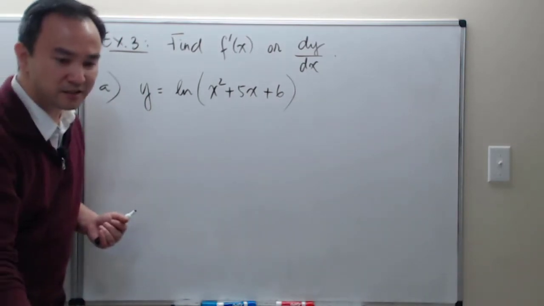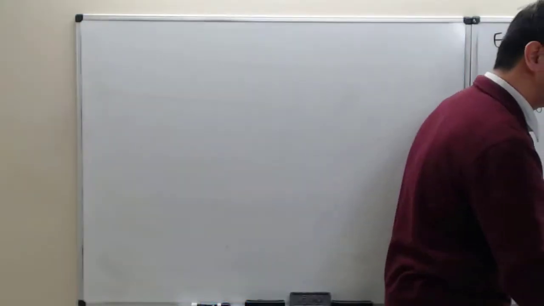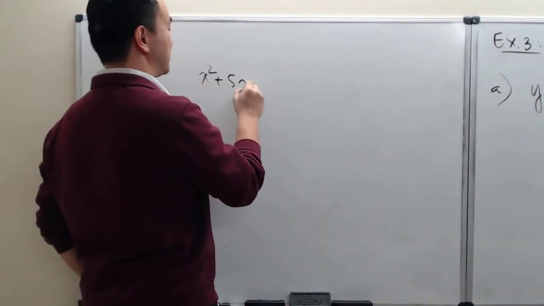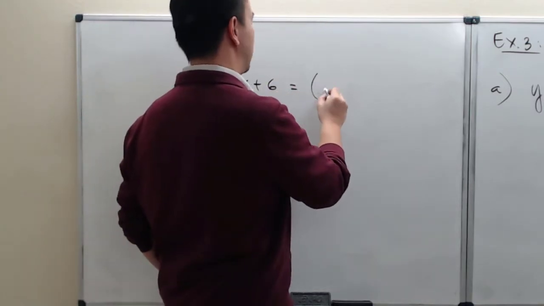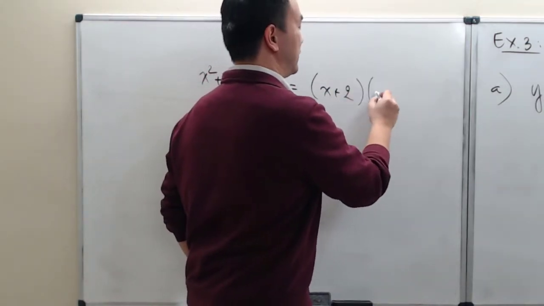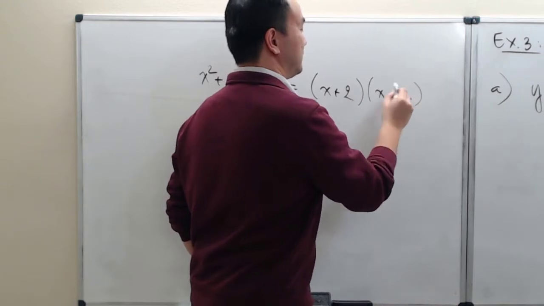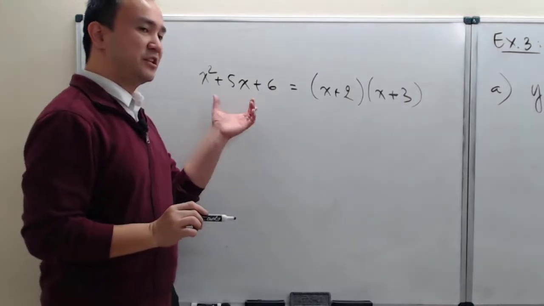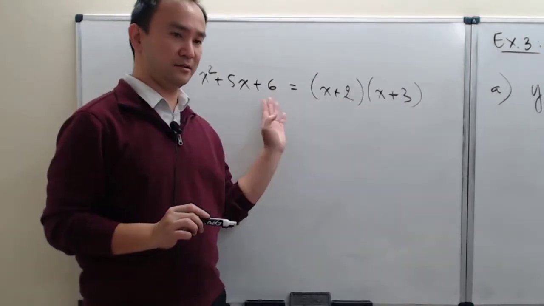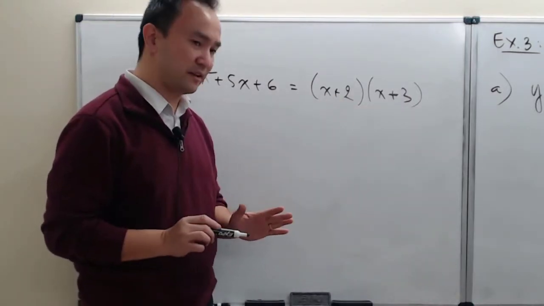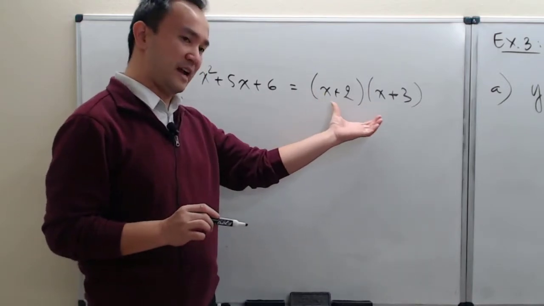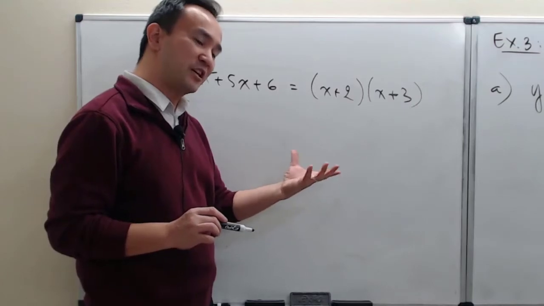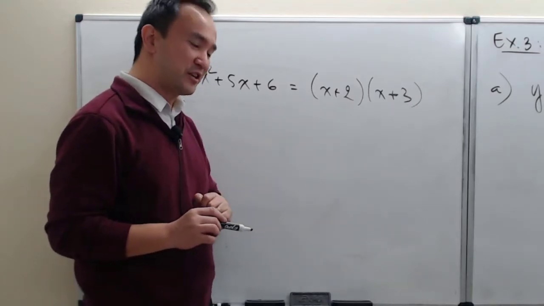All right, so as scratch work on my other board, I can see that x squared plus 5x plus 6 can be factored as x plus 2 times x plus 3. Okay, and I mean, it might sound a little silly, but if any viewer is feeling shocked about how I got this, I highly recommend you review your algebra content before we move on further in calculus.